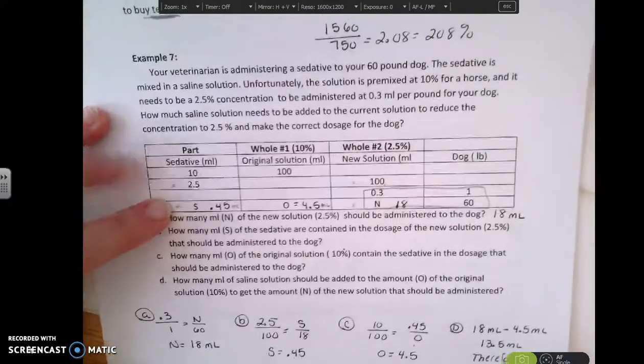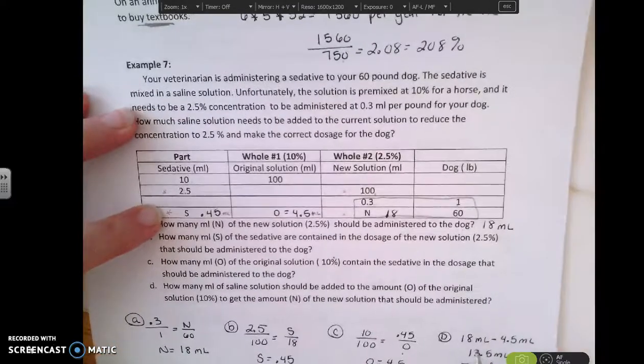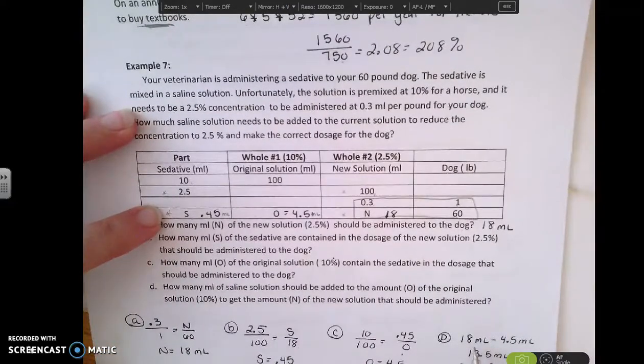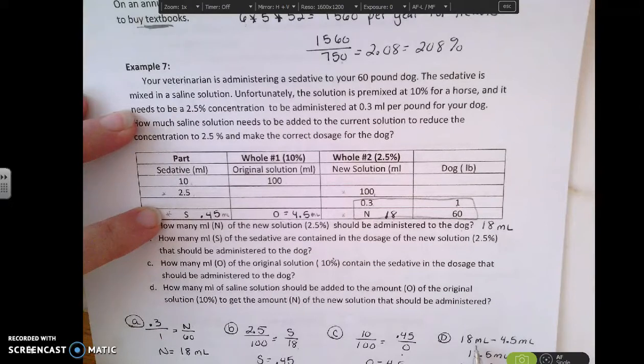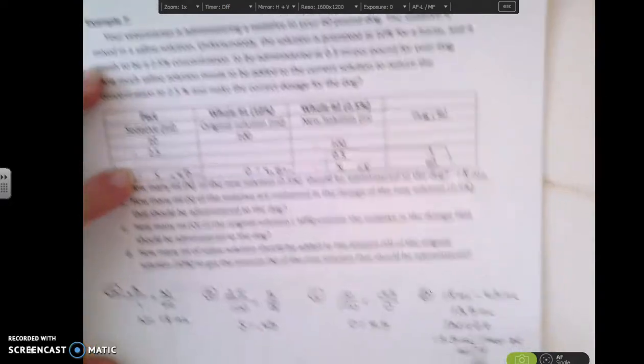So all of this is going to come down to the conclusion. I need to give my dog 18 milliliters of the new solution. 4.5 milliliters of the 10% solution would be what my dog has. So if I subtract these two, it's 13.5 milliliters. Oops, I'm sorry, you can't see that.